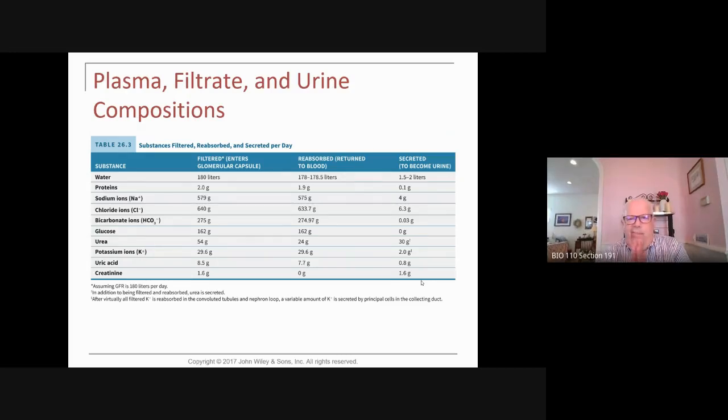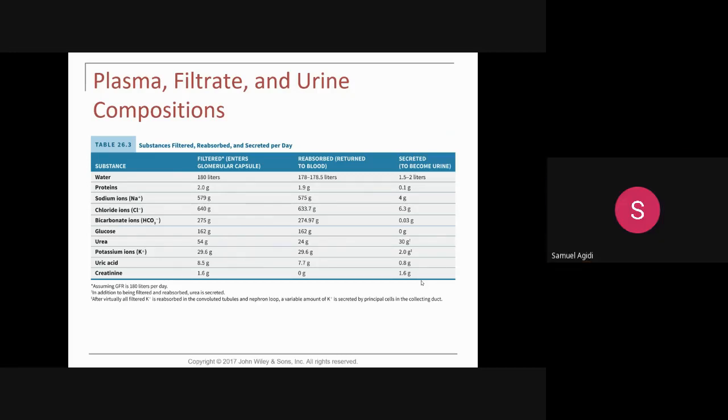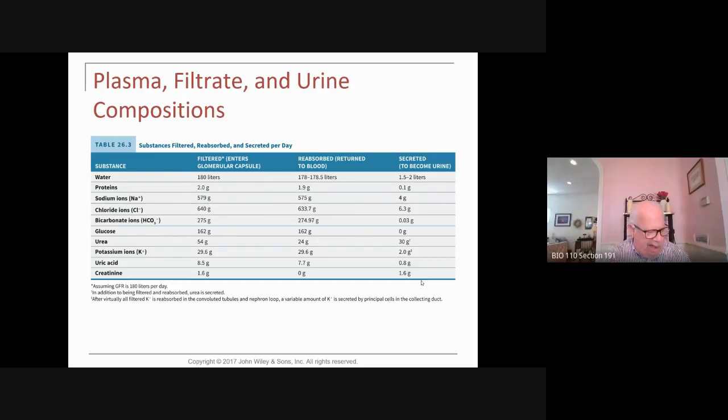This is a very important slide. I want you to look at the substances. I want you to look at what is filtered, what is reabsorbed. Reabsorbed means it's returned back to the blood. And what becomes urine. Look at this very carefully.